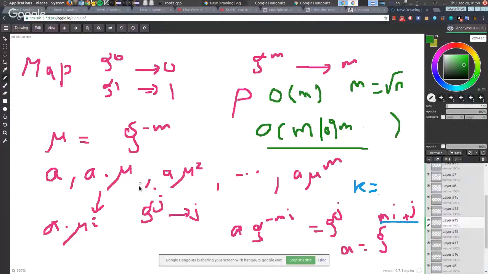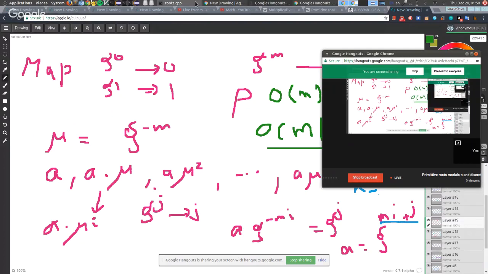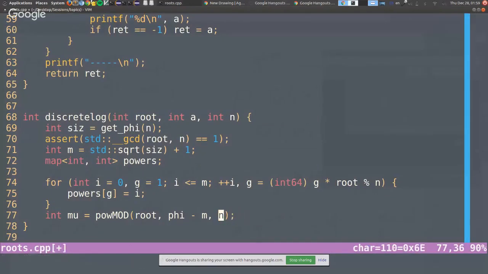Here, g to the power minus m, so this should still be mod n. So basically here we want this part: make the root to the power minus m and take the remainder with n, or mod n.